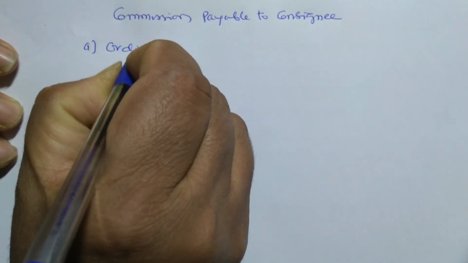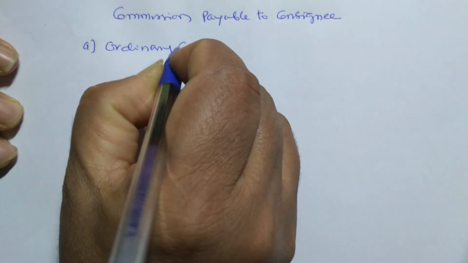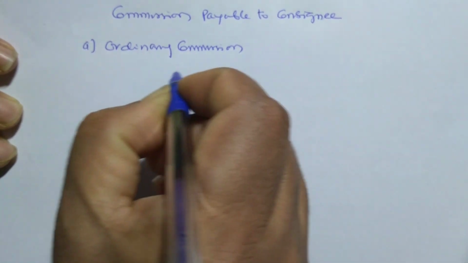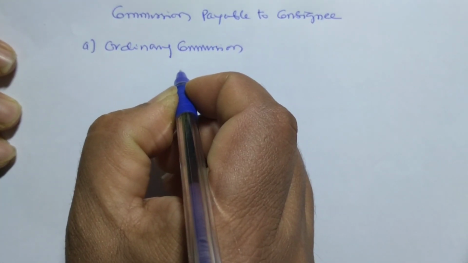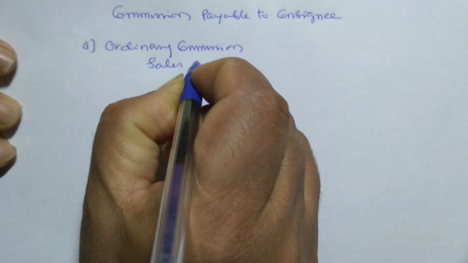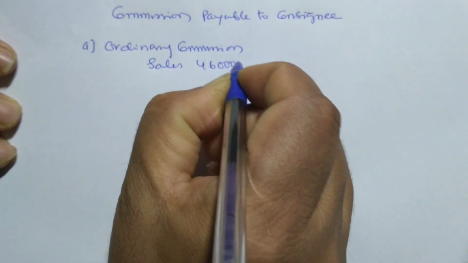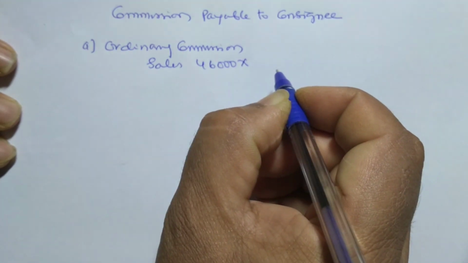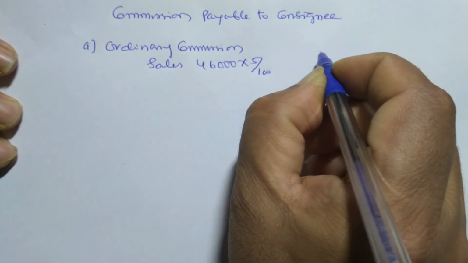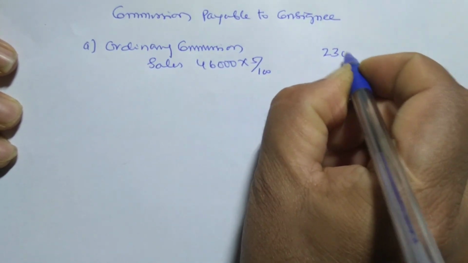First one is ordinary commission. Ordinary commission is paid based on the sales. Here the total sales are rupees 46,000. The percentage is 5. We take 5%. It is 2,300.